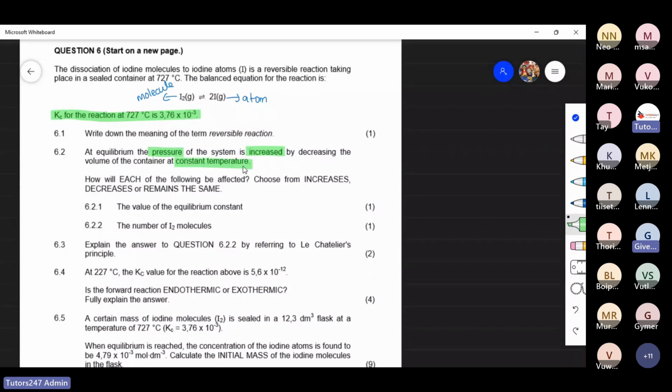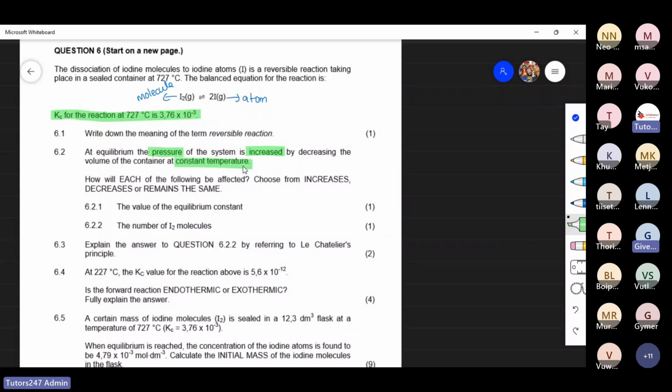So we know the Kc value is going to remain the same for this change, but pressure is increasing. If pressure increases, what would our system normally do? It's going to favor the reaction, or move in the direction, of fewer number of moles.